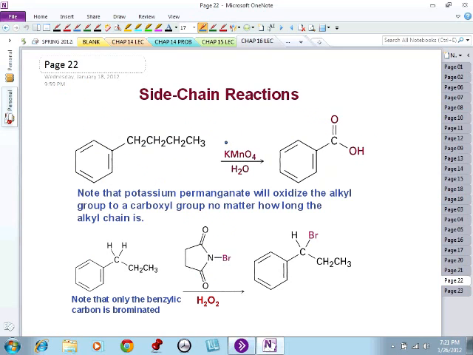So now that is the nucleophilic aromatic substitution reaction. Okay, you've seen this before, the side chain reaction.